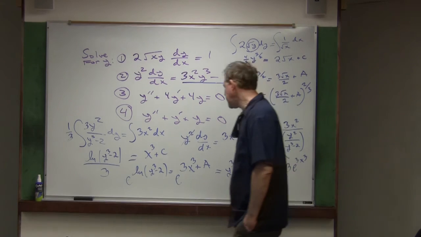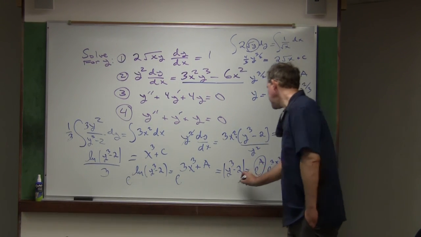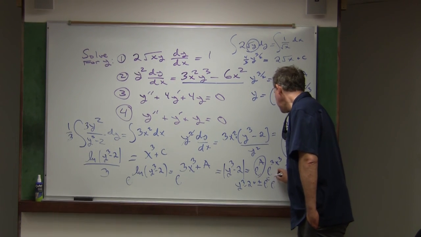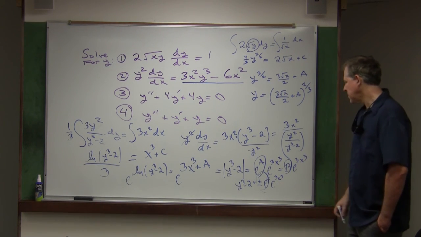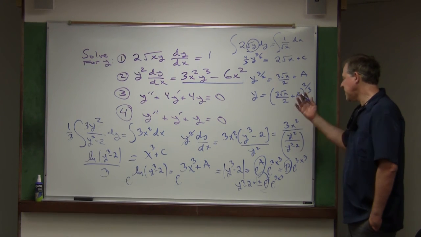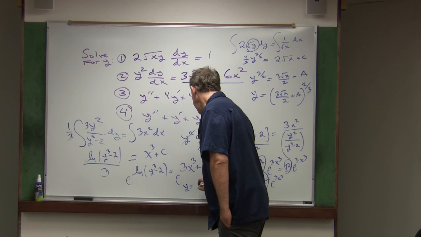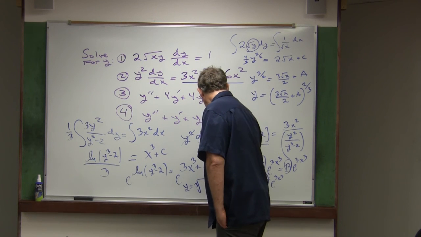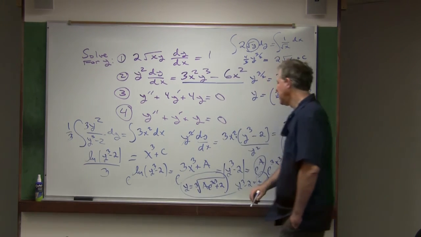And I guess there was a plus or minus, because we could have called this y cubed minus 2 is plus or minus e to the c, e to the 3x cubed. Just rename this some constant. Okay? And so then add 2 to both sides and take the cube root. So y is going to be the cube root of a e to the 3x cubed plus 2. Like that. Okay.